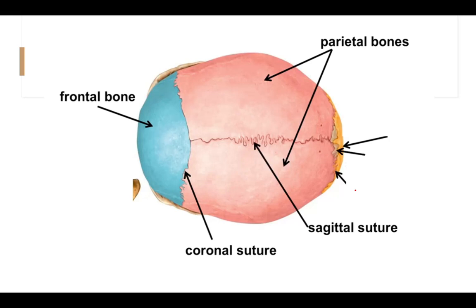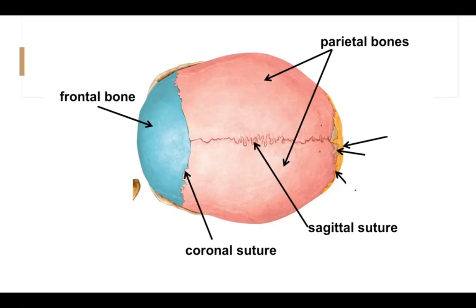So if we were to cut the body down the sagittal plane, we would be separating the body into left and right. However, it would be unequal portions of left and right. But regardless, we do have a left and a right parietal bone from this sagittal suture.